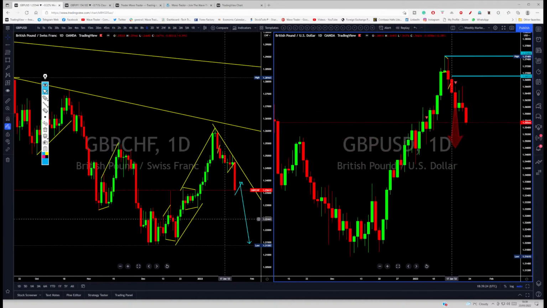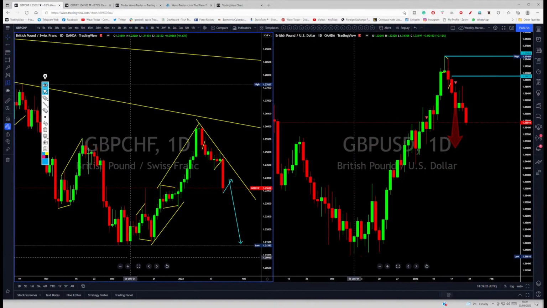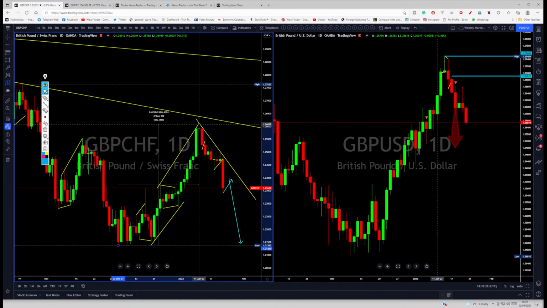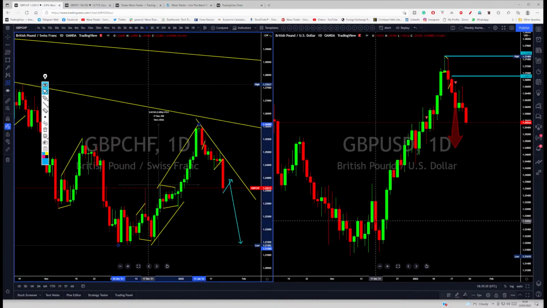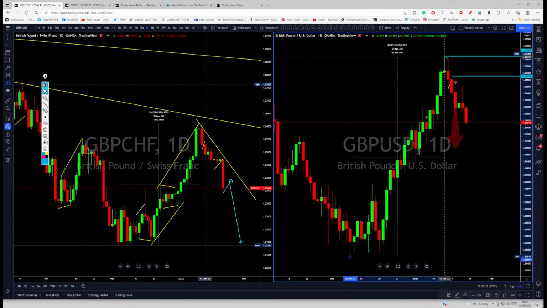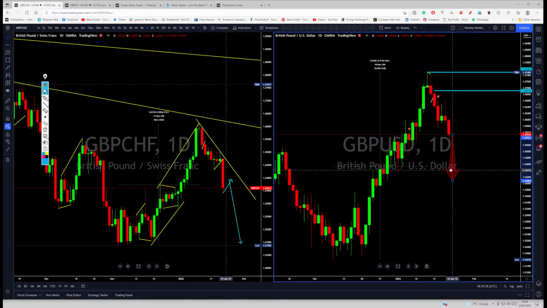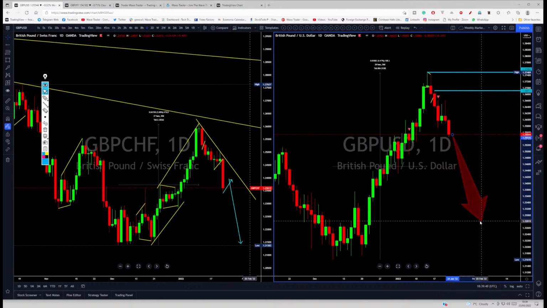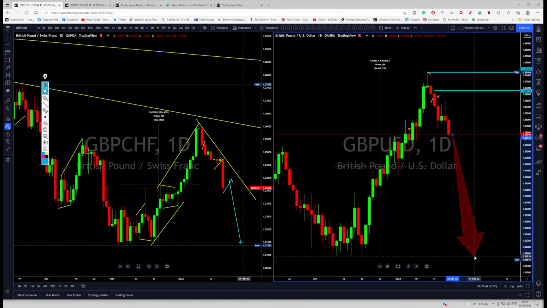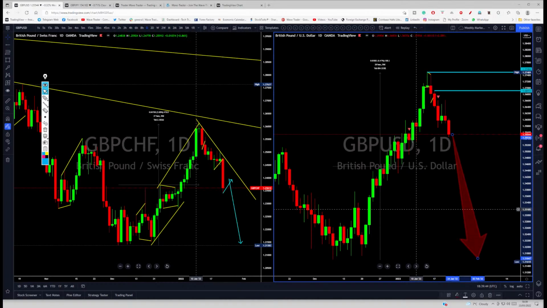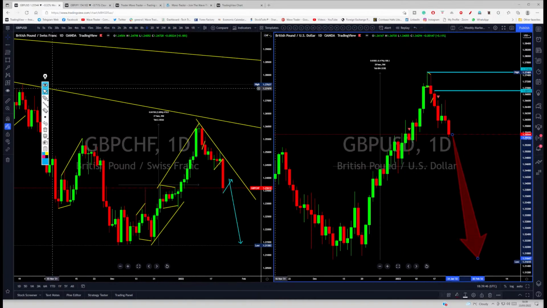If I'm gonna look at the pips, so 470, and this got almost 580 pips. So still got a lot of potential over there.